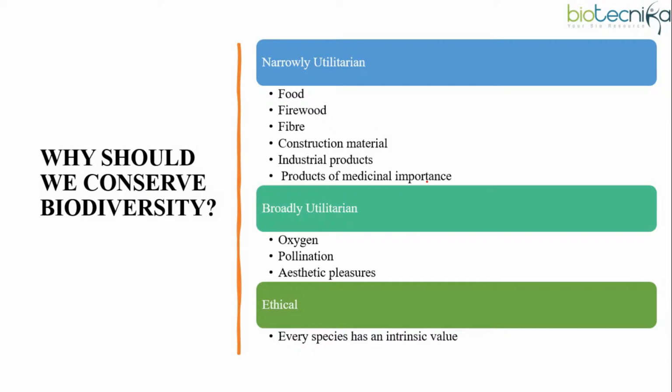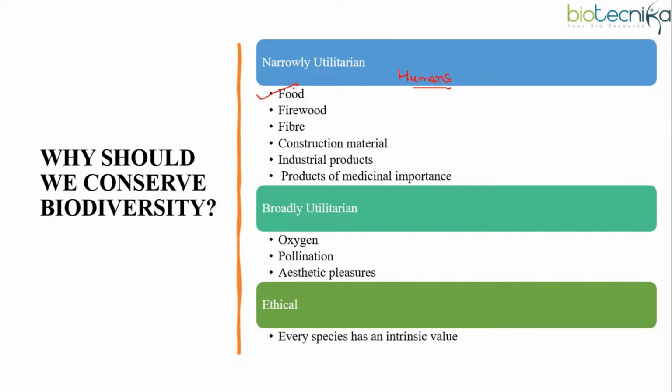There are different arguments which have been placed for conserving biodiversity. One is the narrowly utilitarian argument. According to this argument, conserving biodiversity is very obvious, because humans derive countless economic benefits from nature, right?